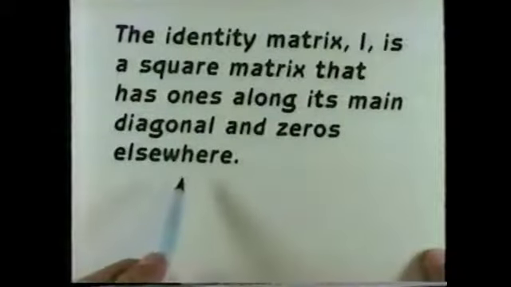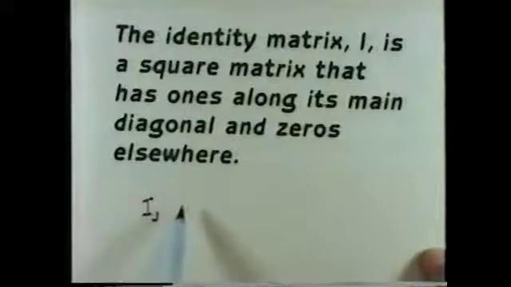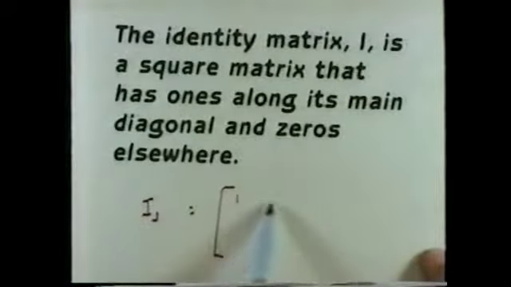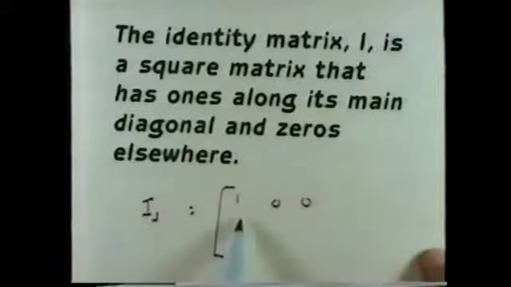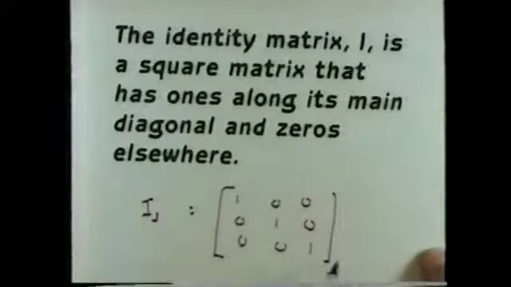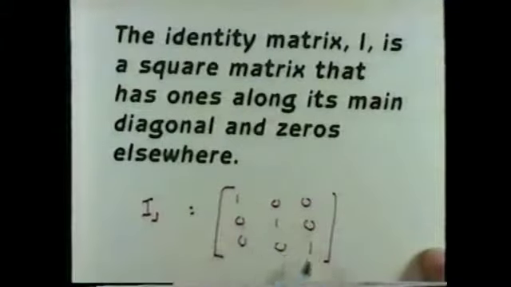For the 3 by 3 identity matrix, I3, that means I for 3 by 3, would be 1, 0, 0, 0, 1, 0, 0, 0, 1. It's a square matrix, 3 by 3, that has 1s along its main diagonal and zeros elsewhere.